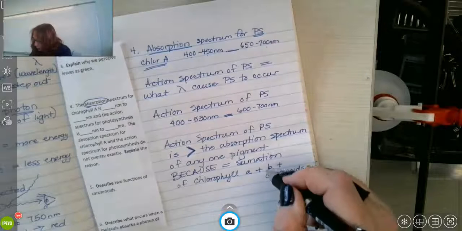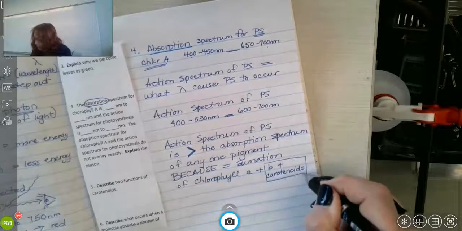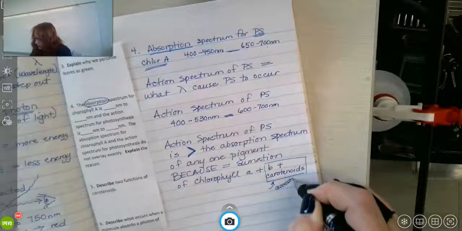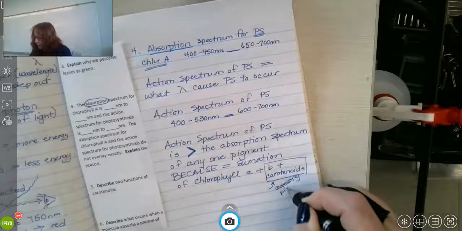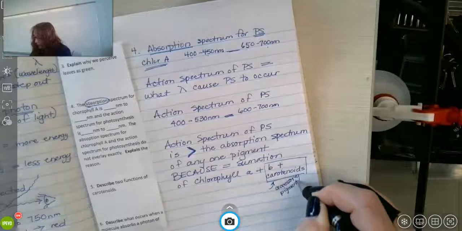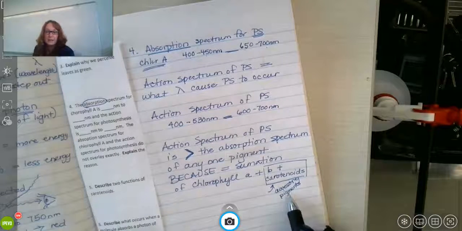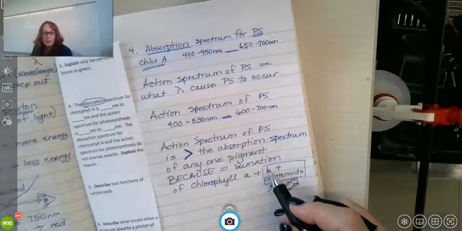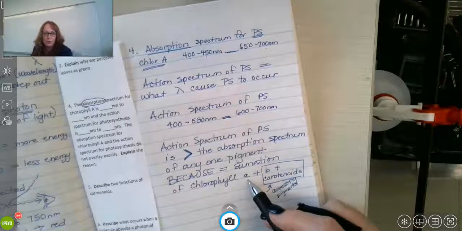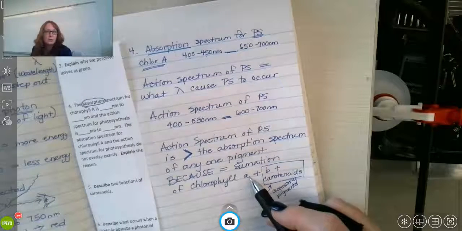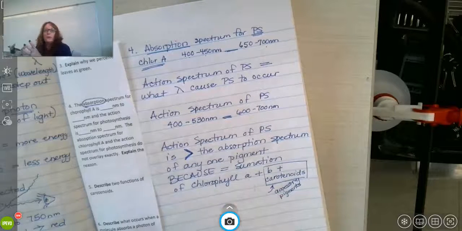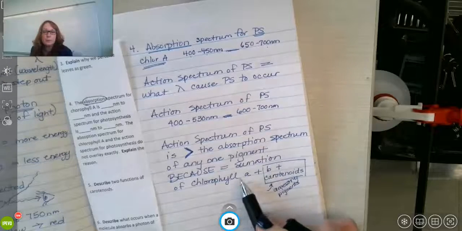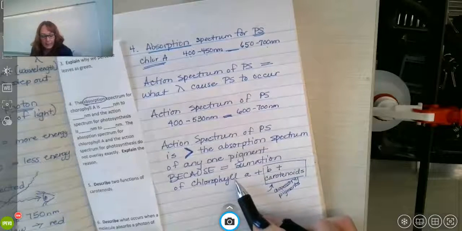These are called accessory pigments, and we talked about those. We looked at that really old video from the 80s, and it was saying that these absorb energy and hand that energy off to the photosystem, so they're contributing. They're like the little contributors, and this is the main guy.